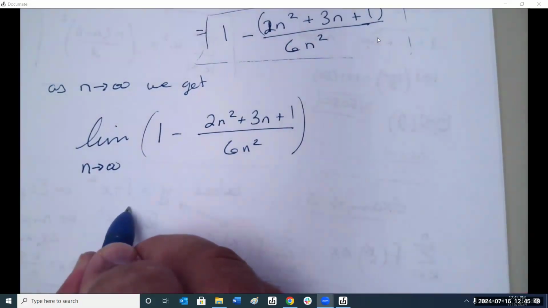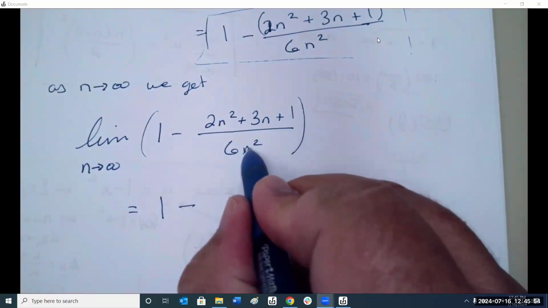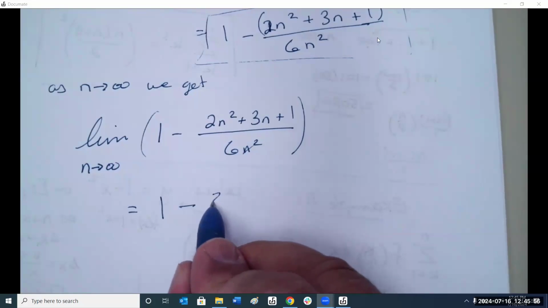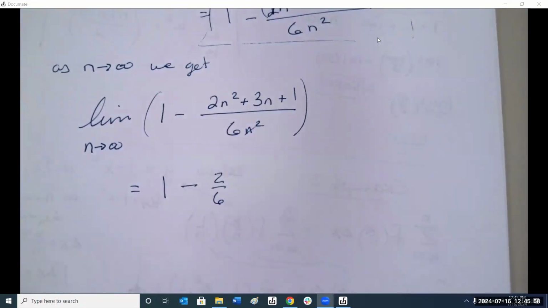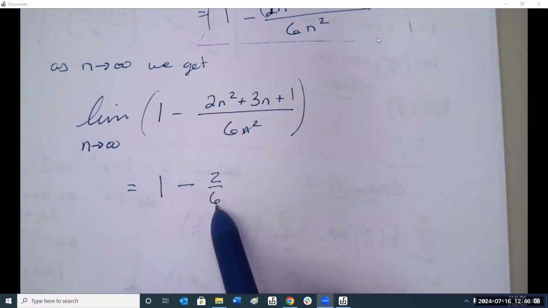So that gives us 1 minus... since these are both n squares, we get 2 over 6. It's the horizontal asymptote. Do you see why you get 2 over 6?